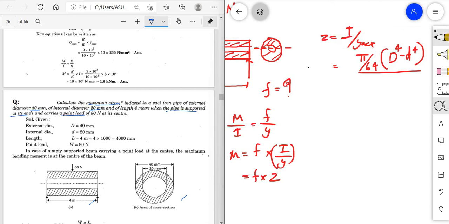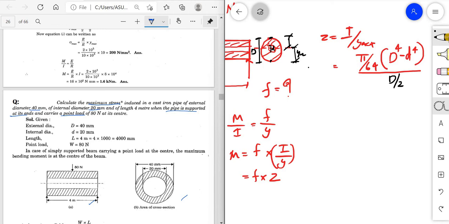Y max is the distance of the extreme fiber. This is an extreme fiber, and this is also an extreme fiber. Since it is a symmetric figure, both distances will be the same. That will be the Y max. So what will be the value of Y max? The total is D, and this small distance is small d. So the total will be D by 2.